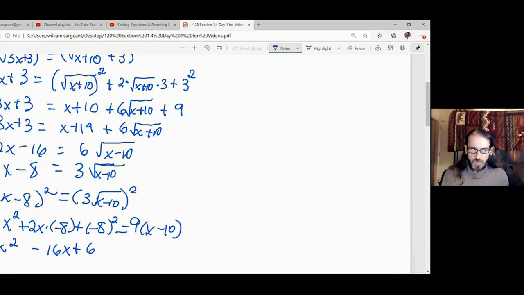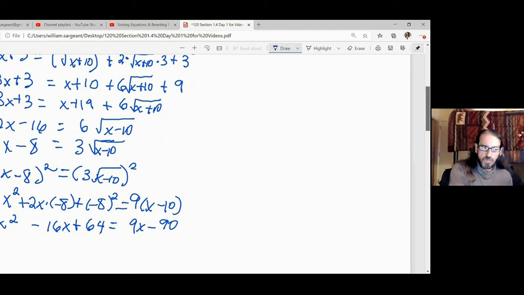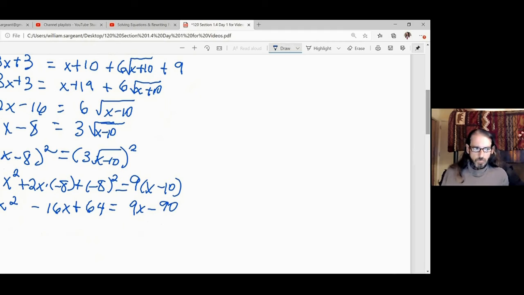You'd get the same thing if you multiply the quantity x minus 8 by itself, distributing on the right-hand side. Combining like terms all to the left side, we see that we have a quadratic equation here.